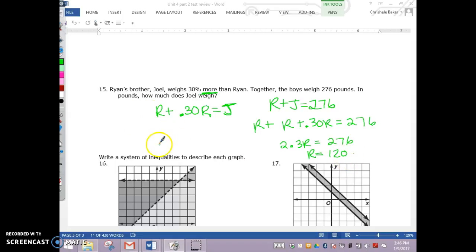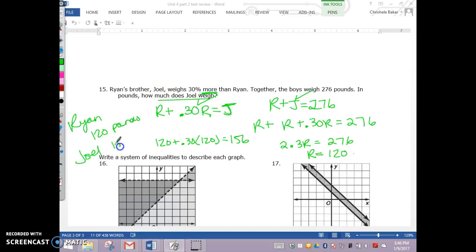So plugging that back in, 120 plus 0.30 times 120 makes Joel 156. And you can check that 156 plus 120 is 276, and 120 plus 0.30 times 120 is also 156. So it works in both. So Ryan, 120 pounds. Doesn't ask for that, it asks for Joel.